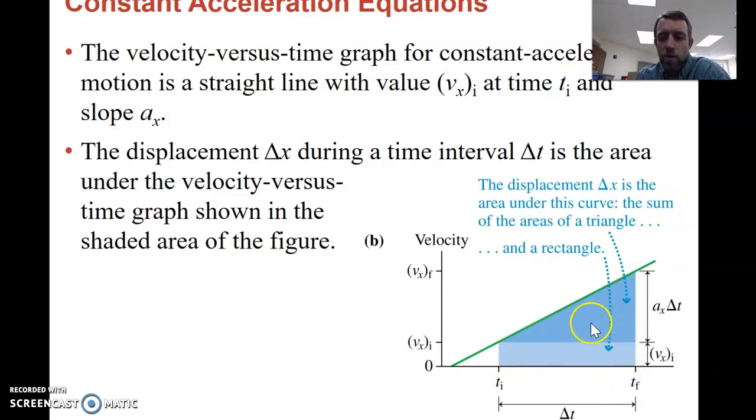When we use a velocity graph to find displacement, we take the area underneath. And if you rearrange that equation on the previous page, you can figure out that this side of this triangle is equal to A times T. You're just rearranging the VF minus VI, and that equals A times T. So if you keep this side as A times T, and this side is delta T, you end up with 1/2 A times delta T squared for the area of this triangle.